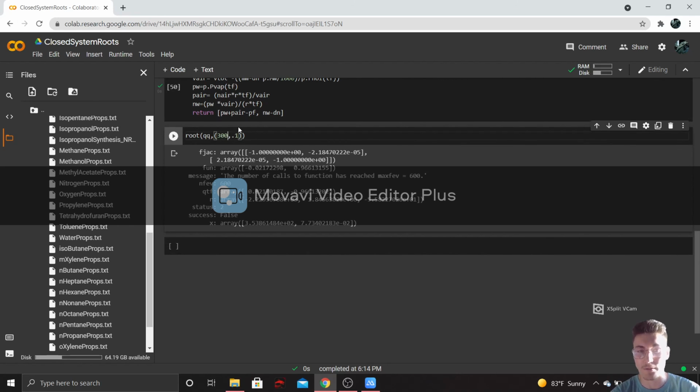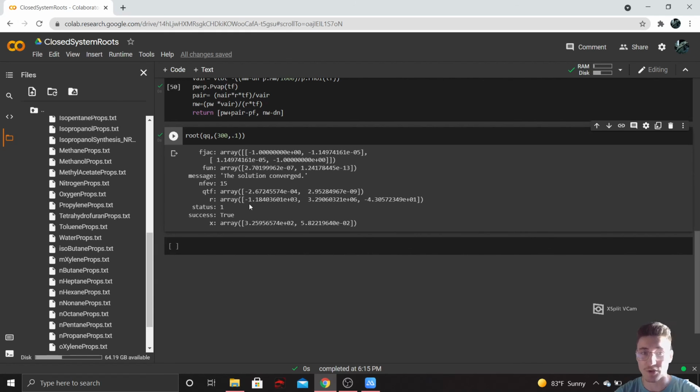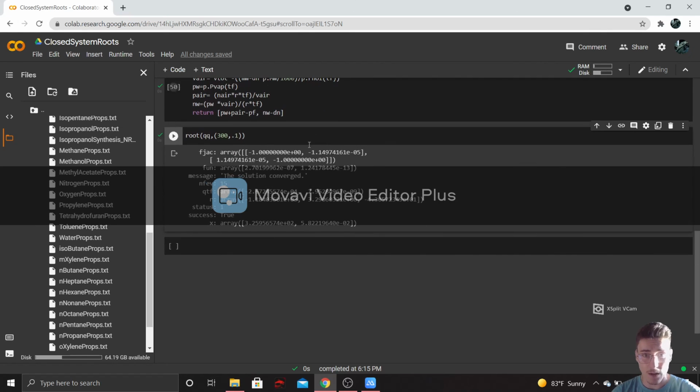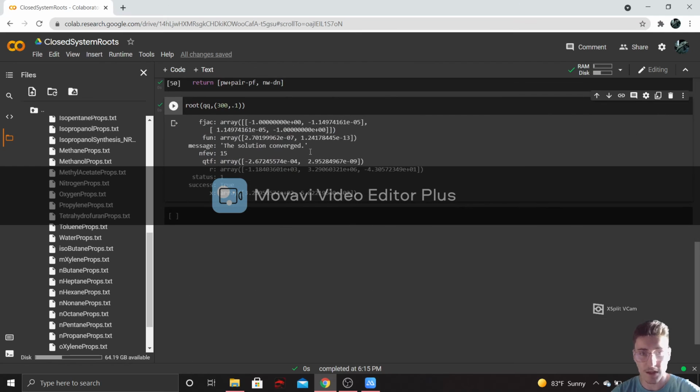So if I put it back down to 300, then we can see that the solution converged, and it actually gives a final temperature of 326 this time, and about 0.06 of a total volume, so 0.06 meters cubed.